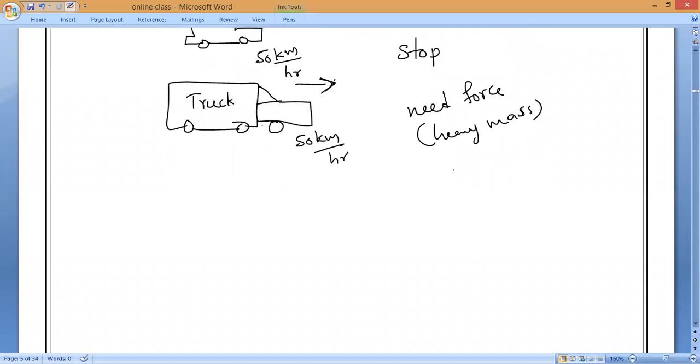Now from this, are mass and force directly proportional or inversely proportional to each other? Directly proportional, sir. Very good. Make it fast, everybody write it down: the force required to stop a moving body is directly proportional to its mass. Is it yes or no, guys?